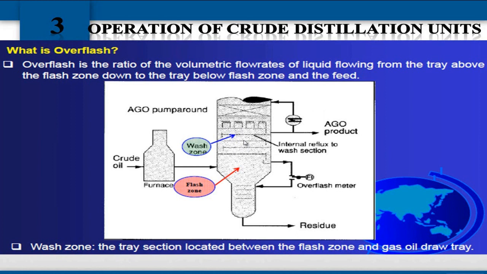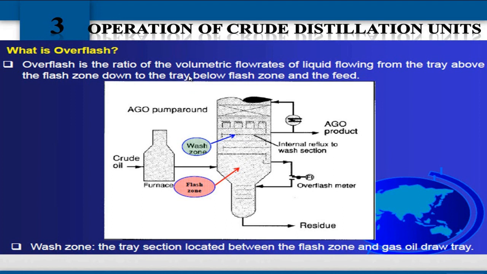So we need some overflash value at this point. The overflash is the ratio of the volumetric flow rate of the liquid flowing from the tray above to the feed. The value should be set at about 3 to 5%.